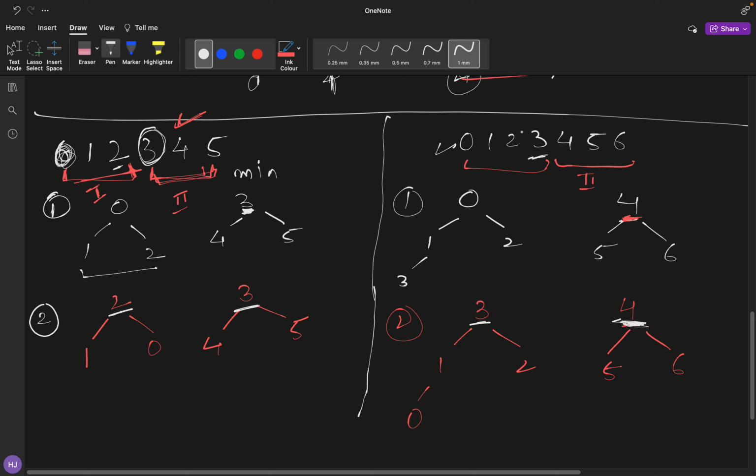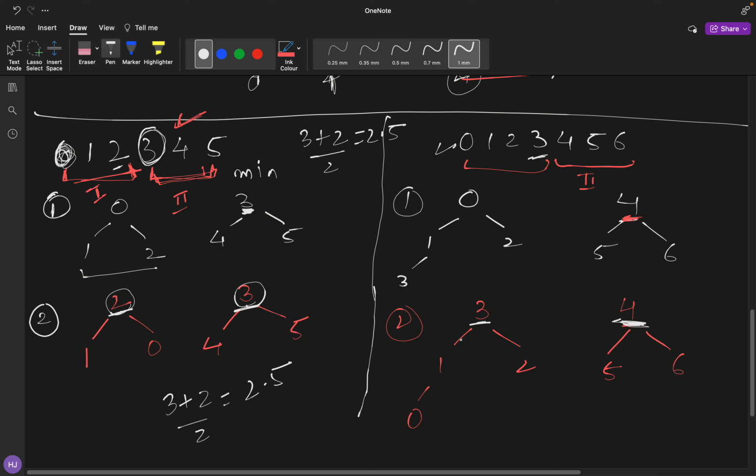Even if we look at the stream, the median of this stream comes out to be 3 plus 2 divided by 2, which is 2.5. So if we fetch the top elements of both of these, 2 and 3, 3 plus 2 divided by 2 comes out to be 2.5.